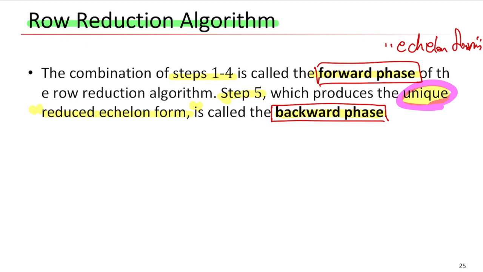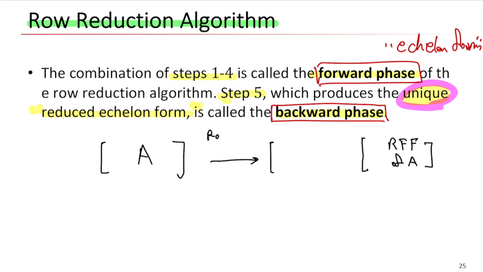To summarize, we have a matrix A. We want to find the solution of this matrix A. What do we want to do? We want to find the reduced echelon form of this original matrix, let's say the REF of matrix A. How can we do that? Using some kinds of row operations.